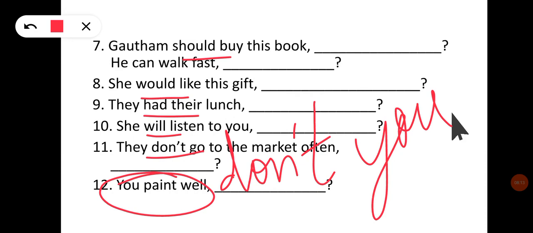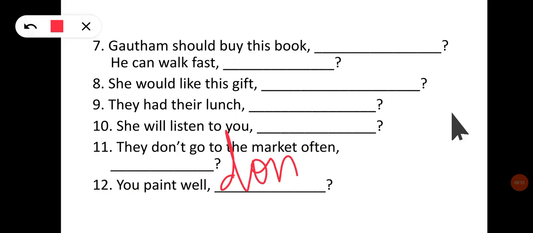You paint well: paint is verb form 1. Verb form 1 means the statement is in the simple present. Simple present tense has the helping verb do. So the statement is positive. If the statement is negative, you will get this type of sentence: you don't paint well. That is the sentence you would get.